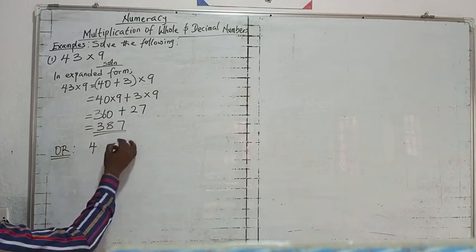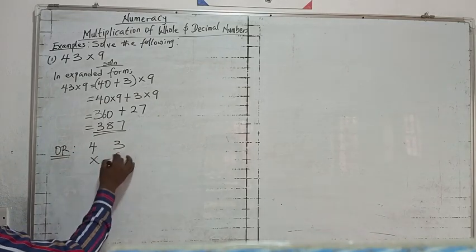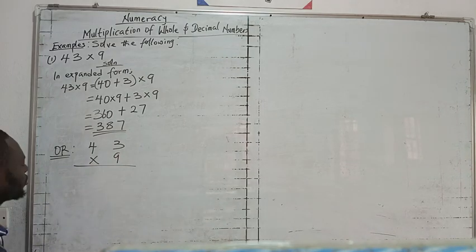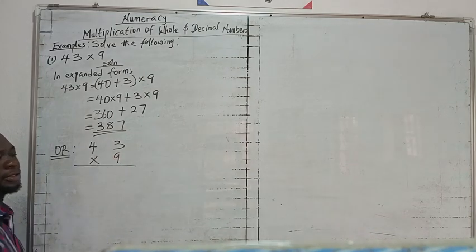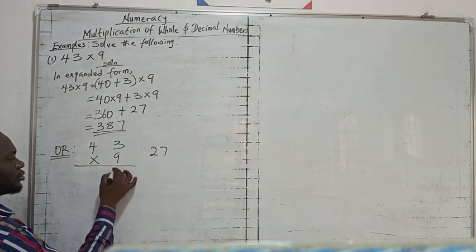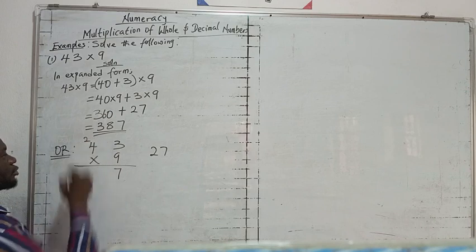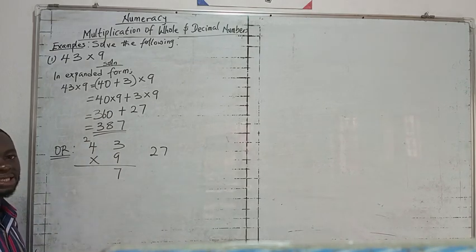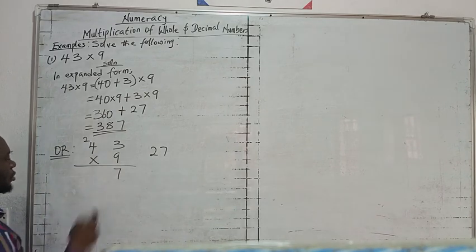Or we can simply multiply using the standard method, which is this. Now let's go. 9 times 3, 27, right? So we write 7 and carry 2 here. 9 times 4, 36, plus 2, 38.